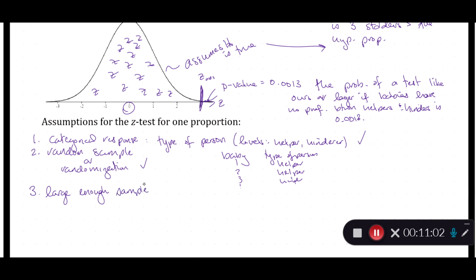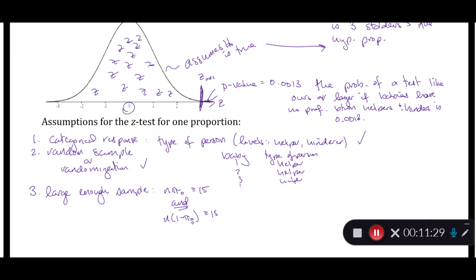And this is still a distributional assumption, but it is not going to be the same as what we've seen for the t's. In this case, I get a large enough sample when n times pi naught and n times 1 minus pi naught are both at least 15. So if I have at least 15 successes, that would be n times pi naught.